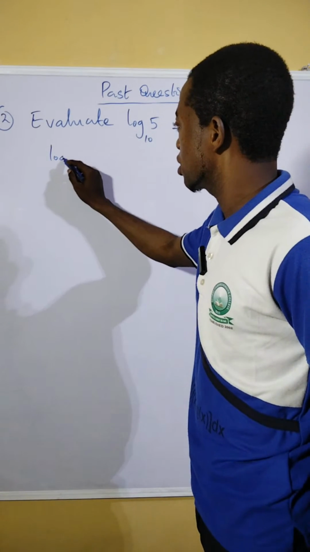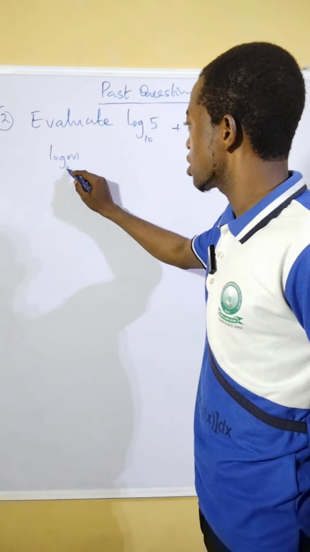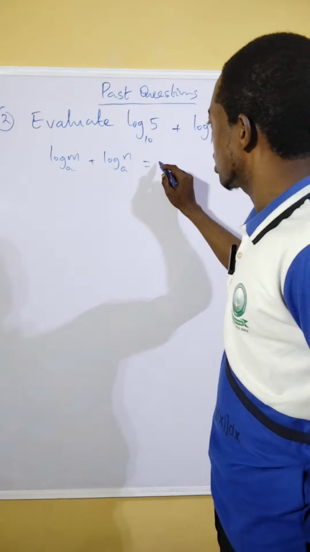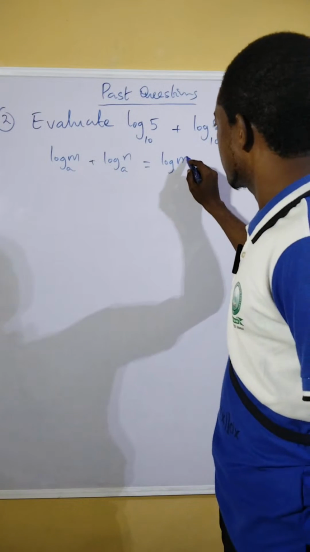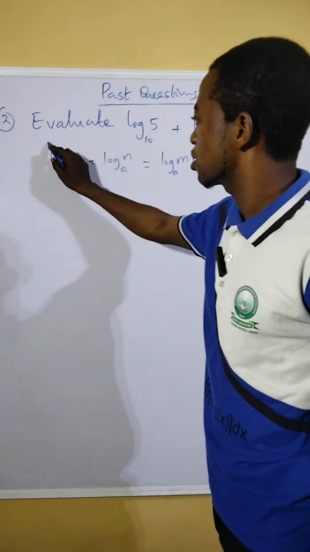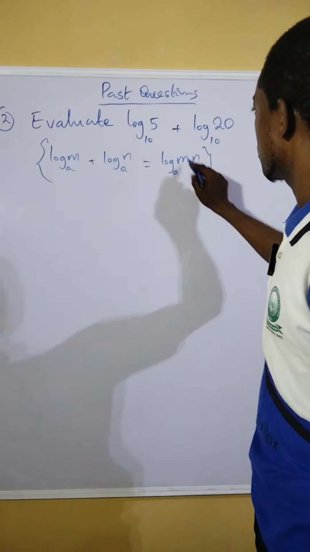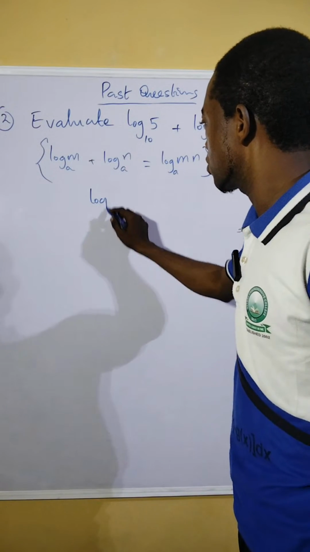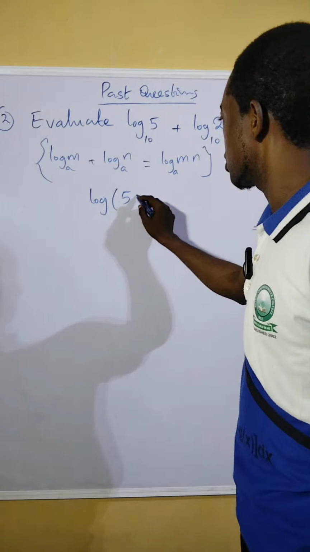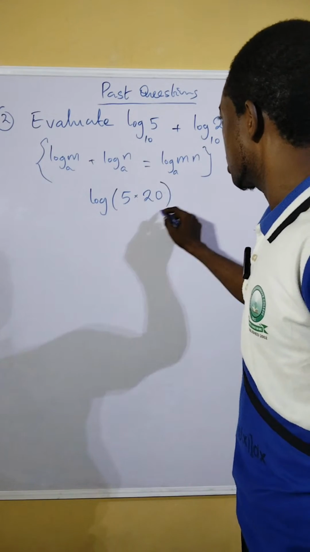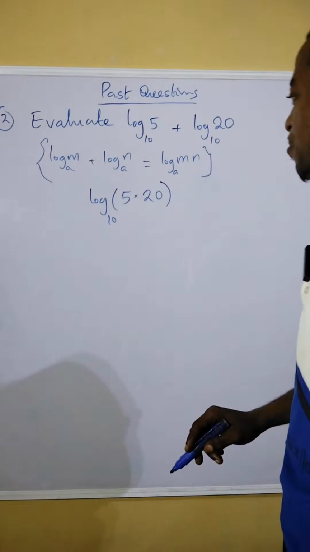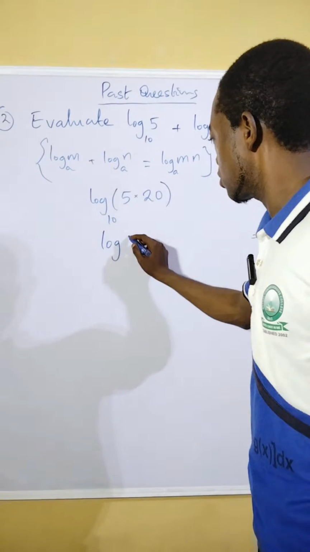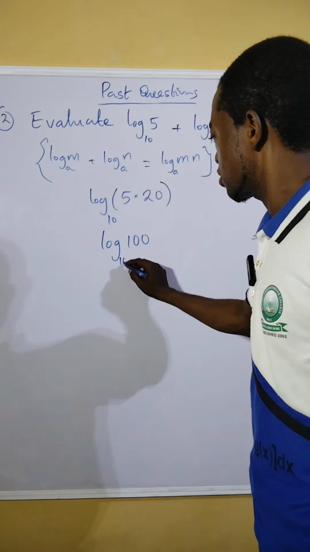When we have log m to base a plus log n to base a, we can write this as log m times n to base a. So let's apply this to what we have here. That means this can be written as log 5 times 20 to base 10. That is 5 times 20, that's 100. So we have log 100 base 10.